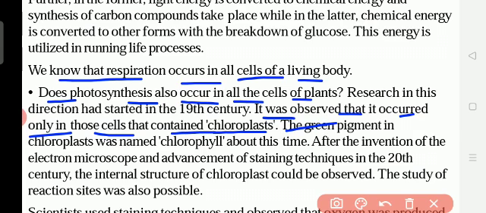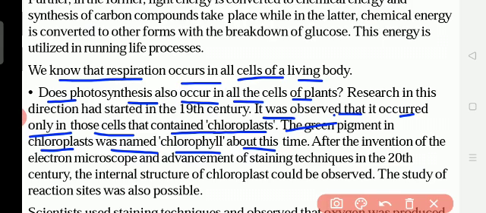The green pigment in the chloroplast was named chlorophyll about this time. Wherever the green pigment is there, we can see the green outside. Leaves can be green, and for small plants the stem can also be green. So sometimes the stem can also prepare the food because the stem is green in color, right? Leaves are also green.